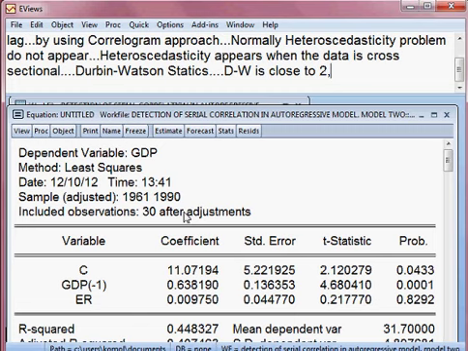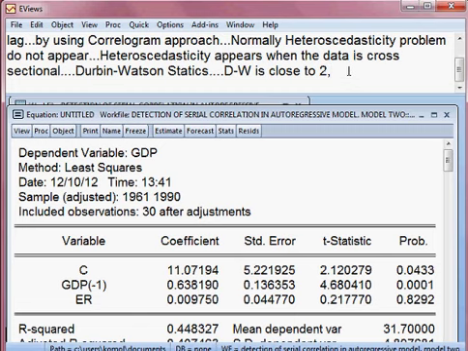That is the guideline. And if the model is affected by serial correlation, then we cannot accept the model for prediction.